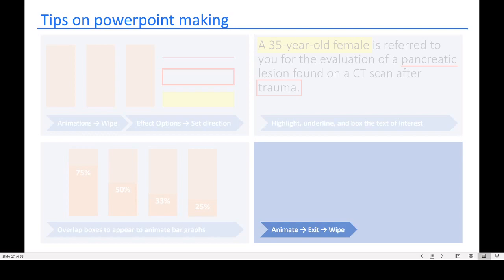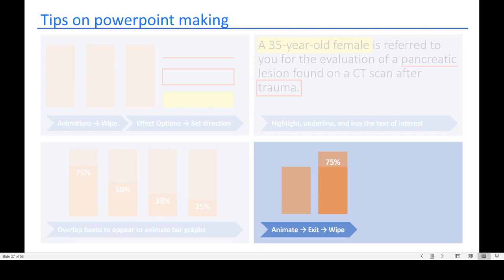And last thing I'll show you, I'll talk about exit animations. Just like how you set the animations when the object enters the slide, you can set up how they exit the slide. So if you look at these 2 bars, you think that the bar on the left is just 1 bar. But I've actually made it look like that with multiple boxes with the same color.